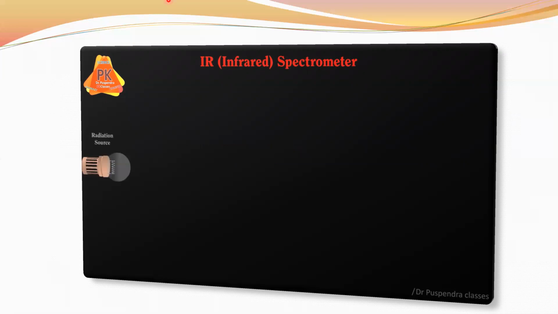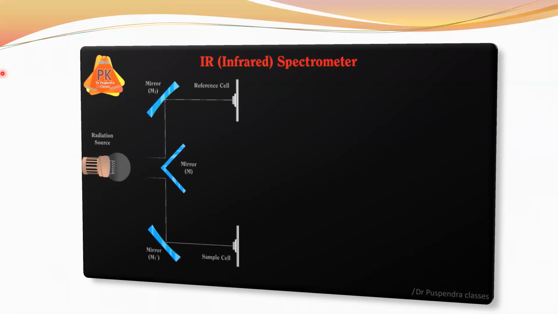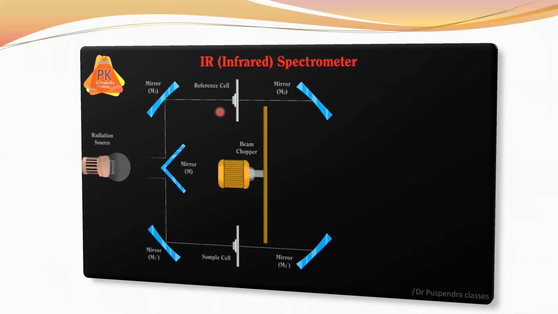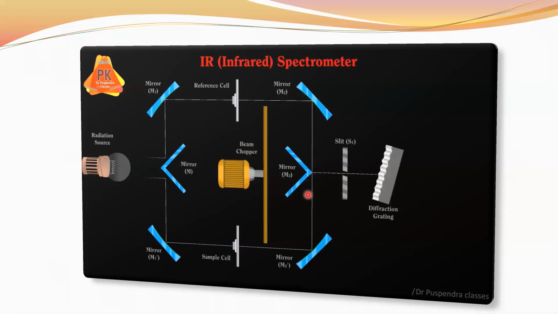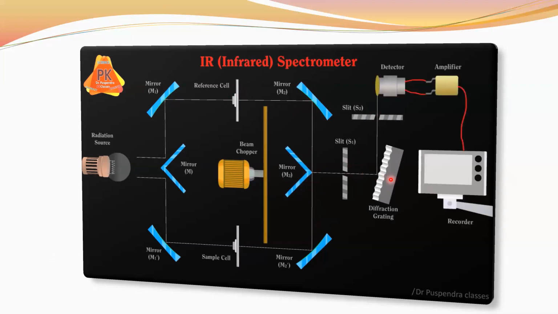In this setup, this is the radiation source and this is the beam splitter and two mirrors. It is the reference cell and this is the sample cell. This is the beam chopper and this is the another part of the fore optics, and there are two slits and diffraction grating, detector, amplifier and recorder.